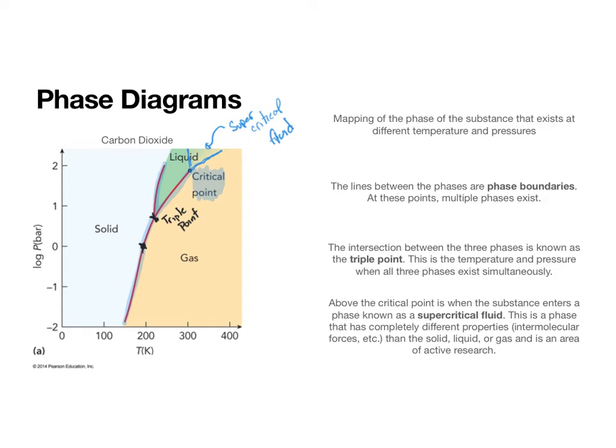Supercritical CO2 is actually what is used to decaffeinate coffee, because the caffeine is very soluble in supercritical CO2. So we can extract out the caffeine and then raise the temperature or lower the pressure, and the supercritical fluid turns into a gas and just leaves.